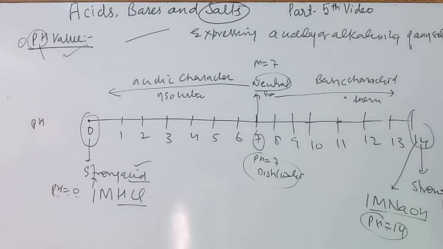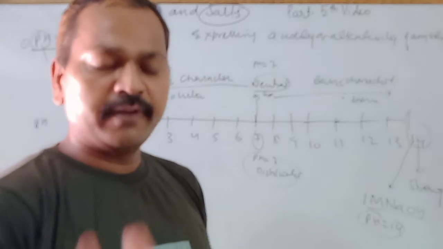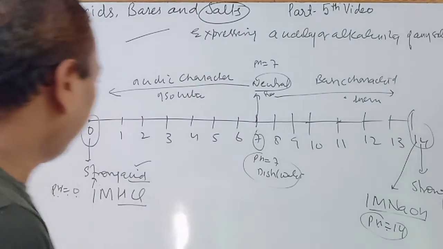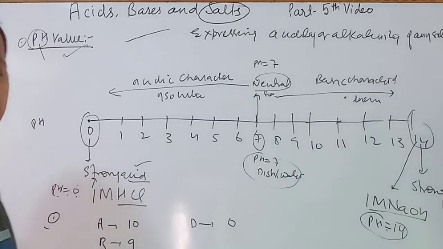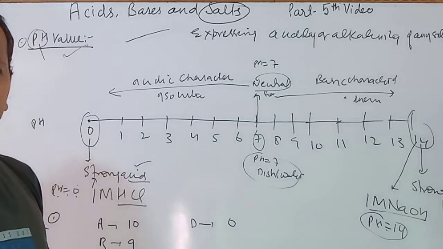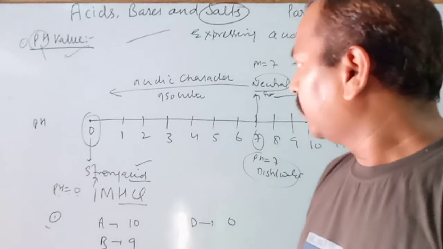So this way we can use the pH scale. Now I am taking one more example to make sure, children. Here I am taking A, B, C and D. A has pH value 10, B has 9, C is 4, D is 0. My first question: which option shows more acidic nature?